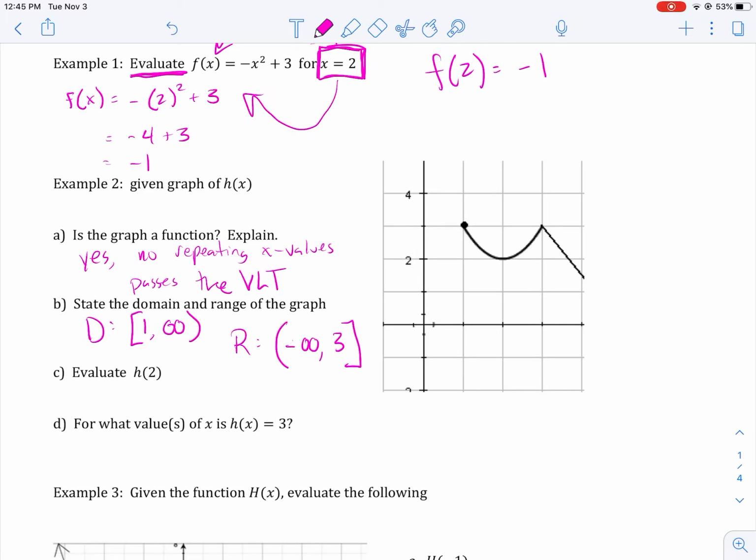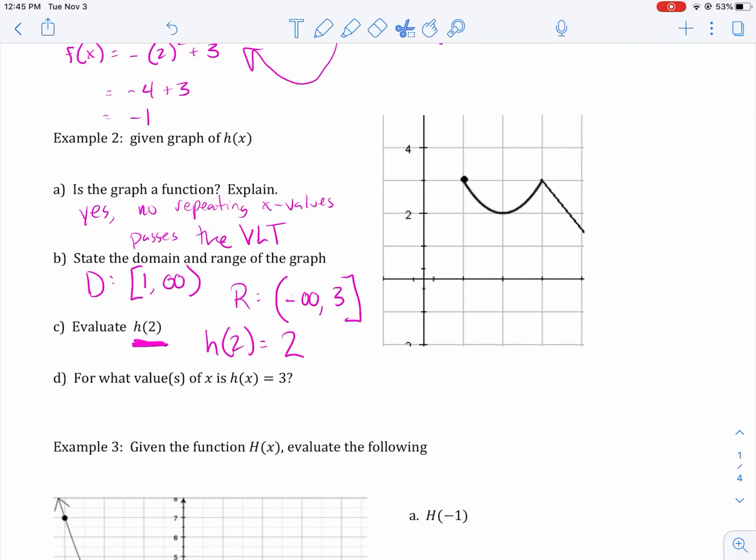We don't have that luxury here, but it's still asking, when our input is 2, what is our output? So what is our y value when x is equal to 2? We come over to 2, go up here, what do I run into? A 2. So we would just say h of 2 is 2. Or the output when your x value is 2 is 2.